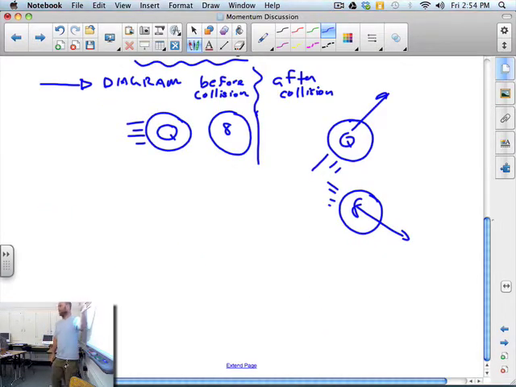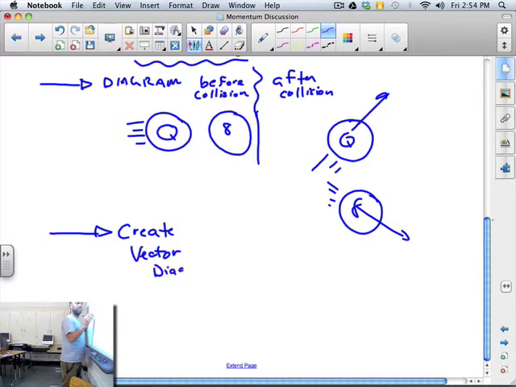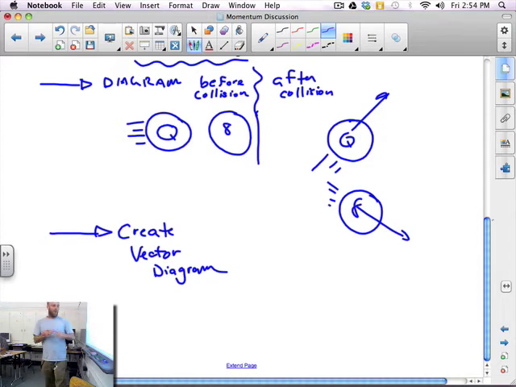I don't know if you were aware of it. What would be next in a general procedure? What did we do to solve the problem? Create, okay, I'm going to call it a vector diagram. So I'm going to write create vector diagram. And do you need to think about all the possibilities here?